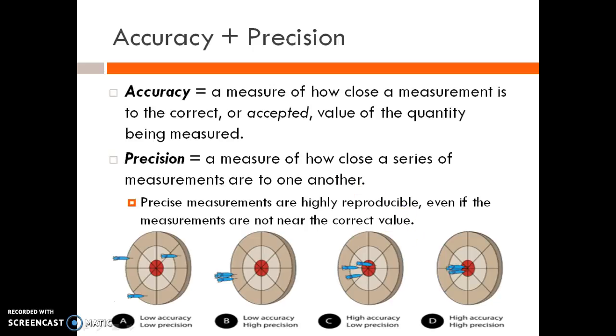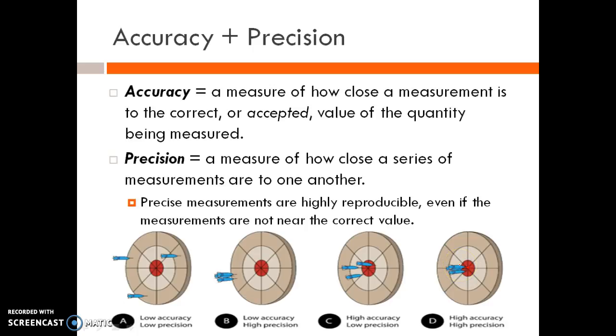And you guys have seen these targets before, and so here, since our measurements, which are indicated by the blue darts here, are all close together, they're highly precise and they're close to the middle of our target, which means they're highly accurate.